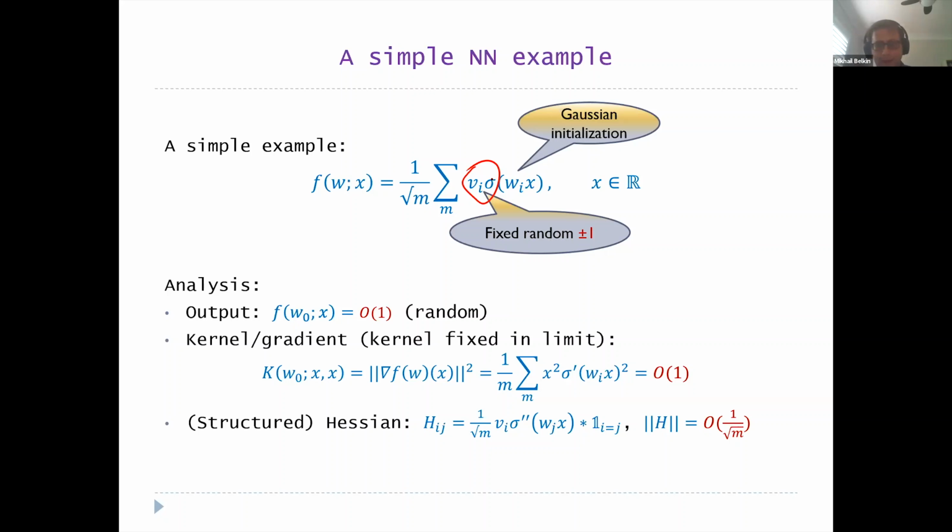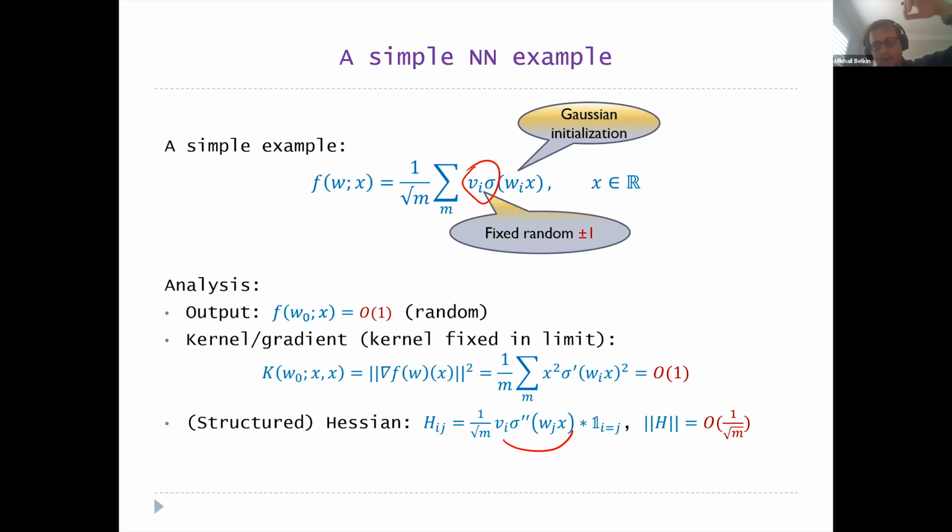It's easy to check. But when you look at the Hessian, you realize that this Hessian is not just anything. It has a pretty interesting structure. It's actually a diagonal matrix in this case, with essentially constant entries on the diagonal. They're not constant, but they're O of 1. So this thing is O of 1, and I'm dividing it by square root of m, and they're all on the diagonal.